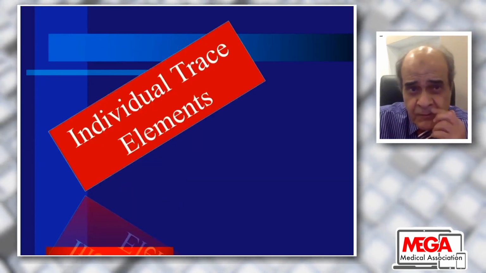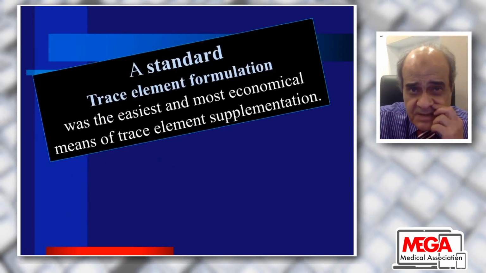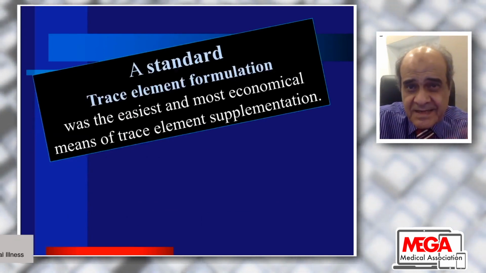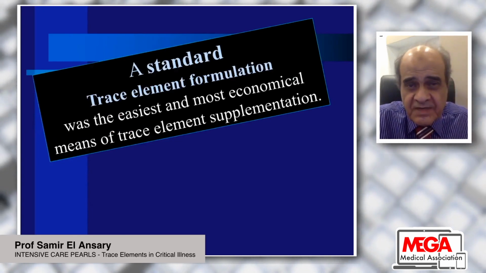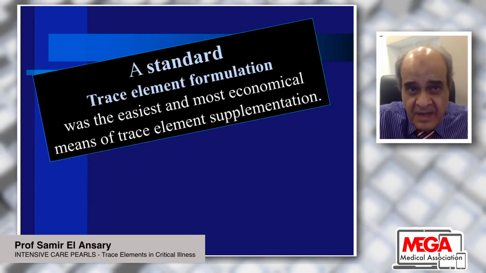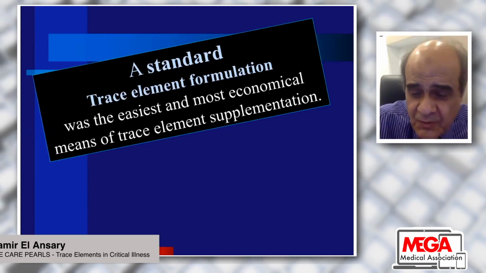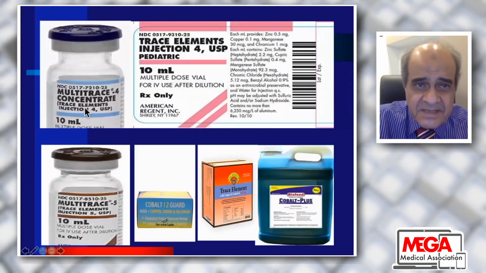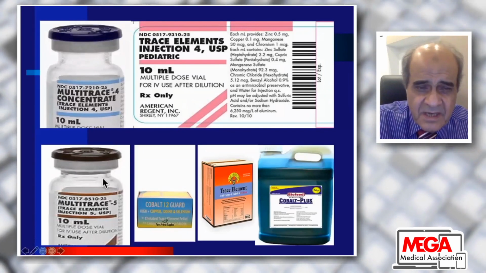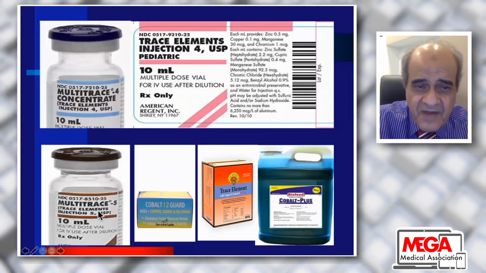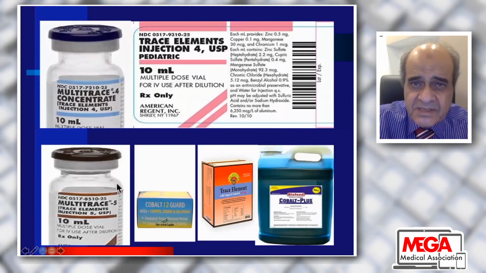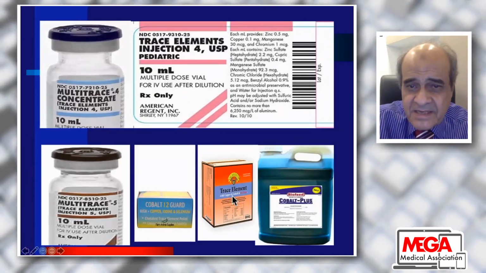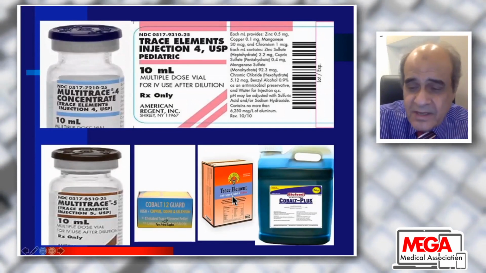I'm going now to speak about some individual trace elements in summary. A standard trace element formulation is the easiest and most economical means of trace element supplementation, which we use and depend on. Some packages are multi-trace element concentrations, multitrace 5 trace element combinations, trace elements with cobalt, and so on.